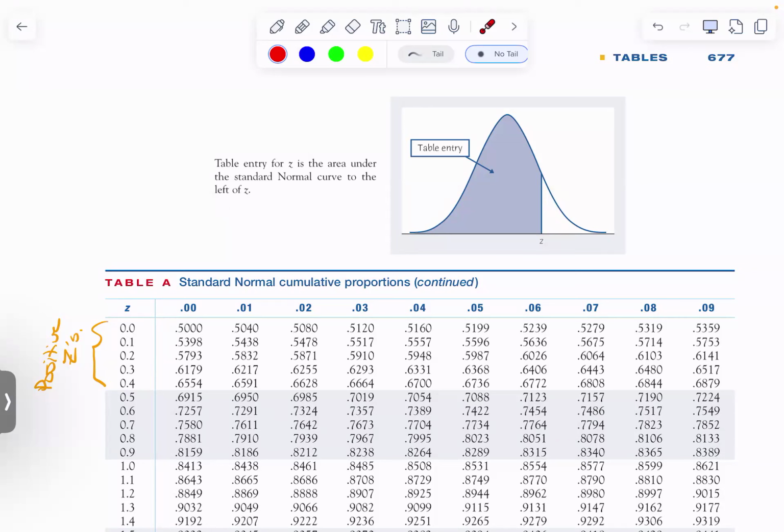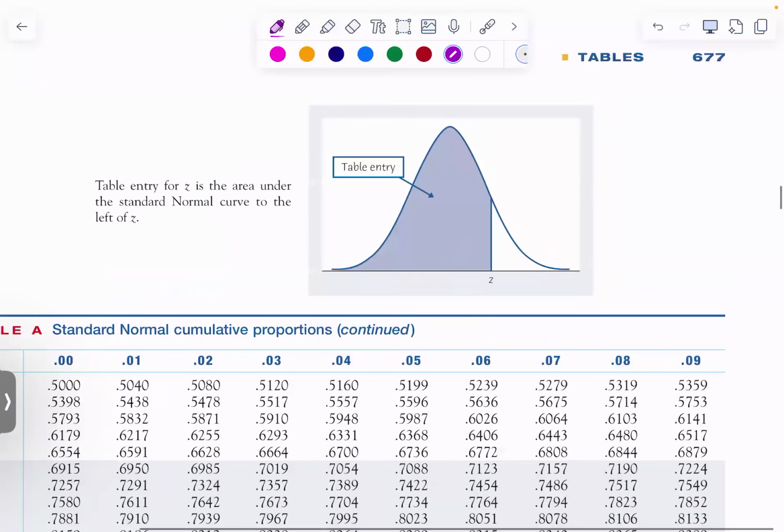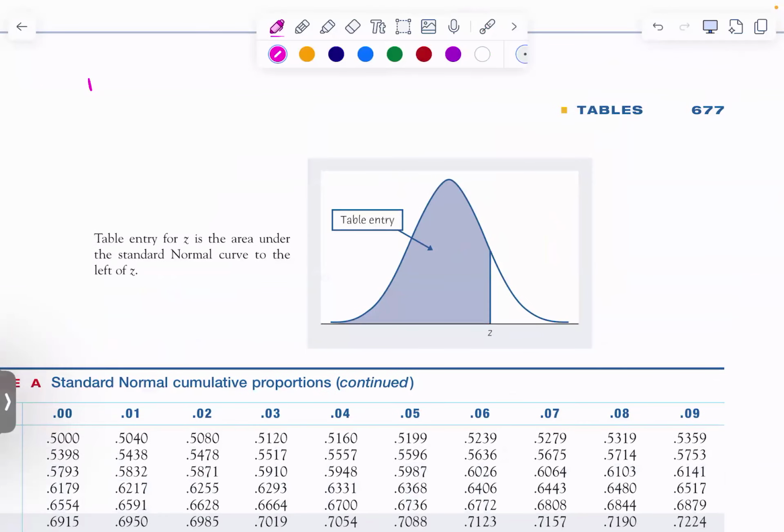What if you need the area to the right? If we need the area to the right, we use the fact that the total area is 1.